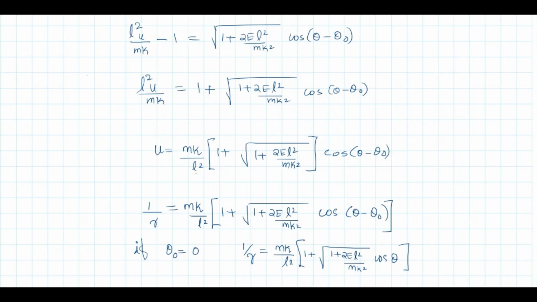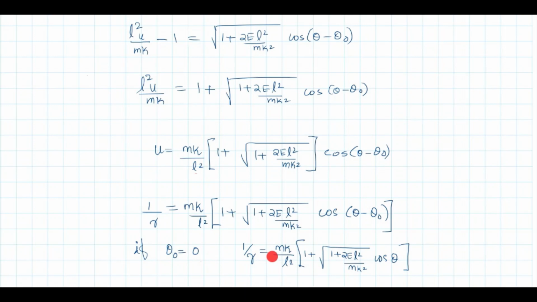So 1 by r is mk by L square into 1 plus square root of 1 plus 2eL square by mk square cos of theta minus theta naught. This is the orbit equation in the case of the Kepler problem, a relation connecting r and theta.